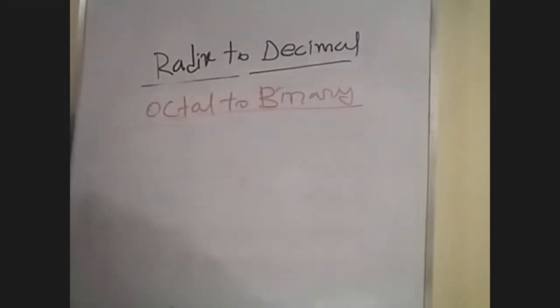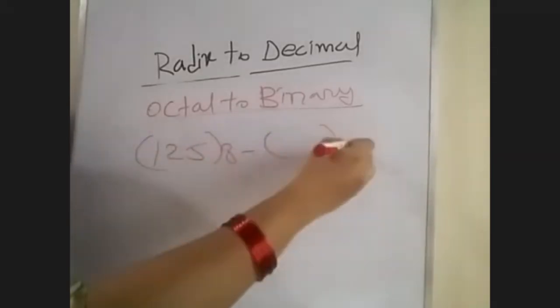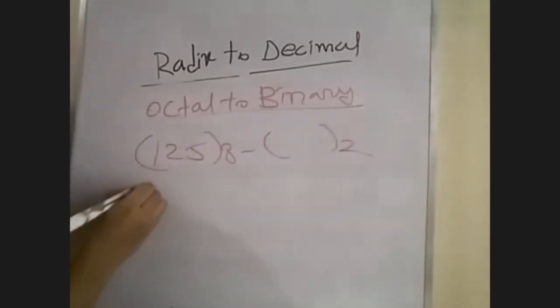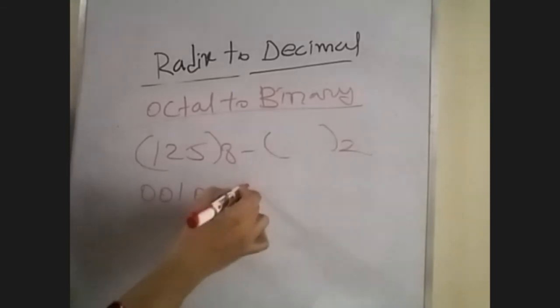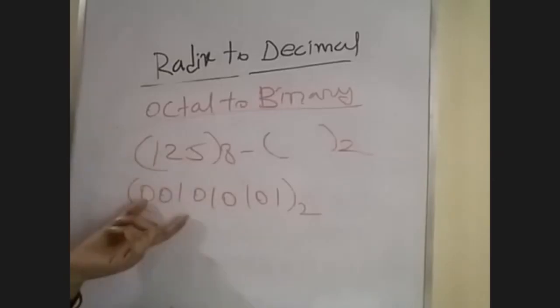For example, 125 base 8, convert into its binary: 1 is nothing but 001, 2 is nothing but 010, 5 is nothing but 101. This is the binary equivalent for this number.